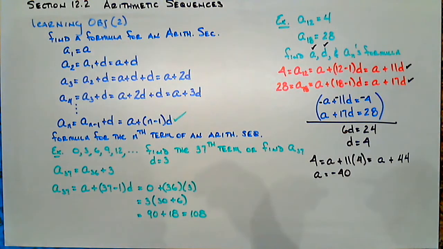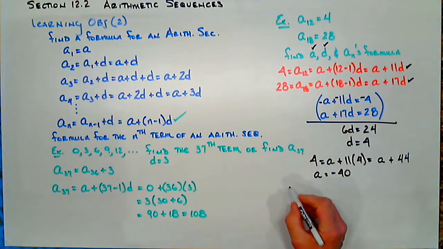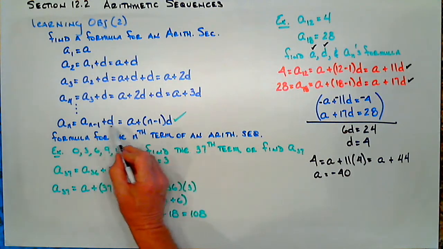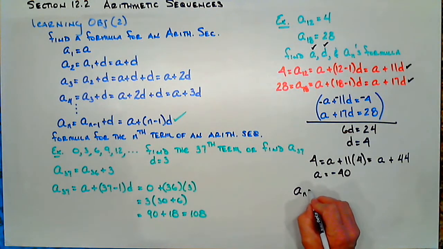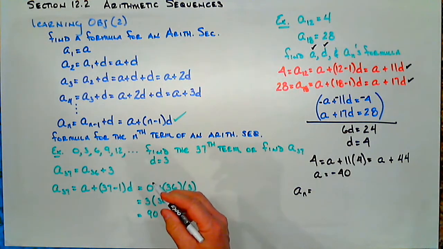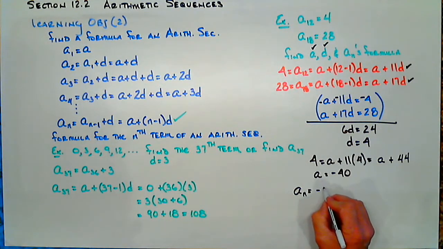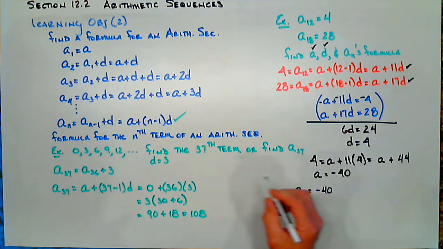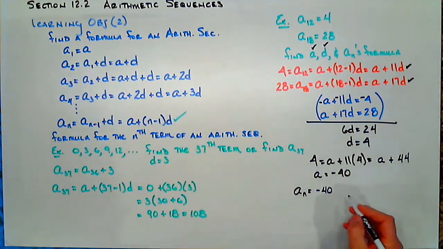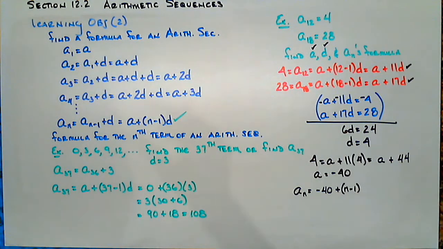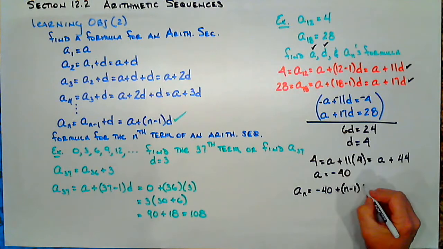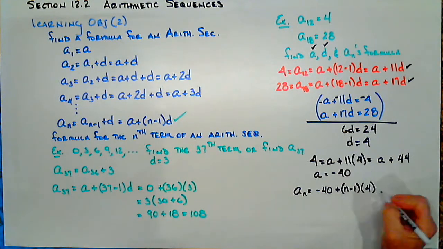Now the last thing they asked us to do is to give them the formula for a sub n. Well, we know the formula for a sub n. It's written right here. So we know a sub n is equal to a, and you and I found a to be negative 40, plus n minus 1 times d, and our d turned out to be 4.